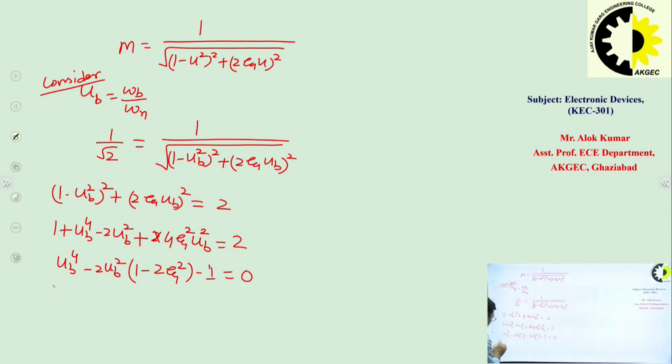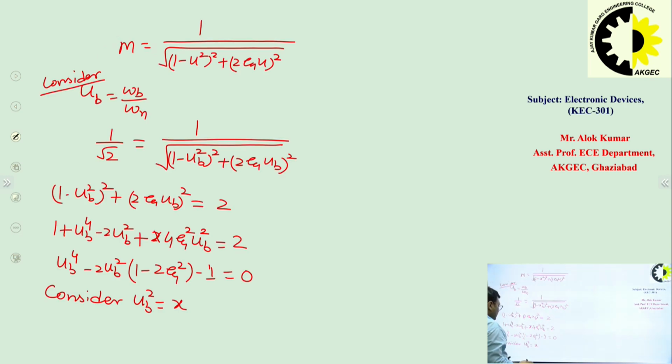Now consider this ub square is equal to x. So this equation we can further rewrite as x square minus 2x into (1 minus 2 zeta square) minus 1 is equal to 0. So now we can find the value of x.